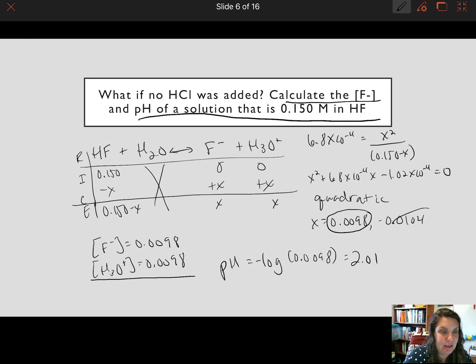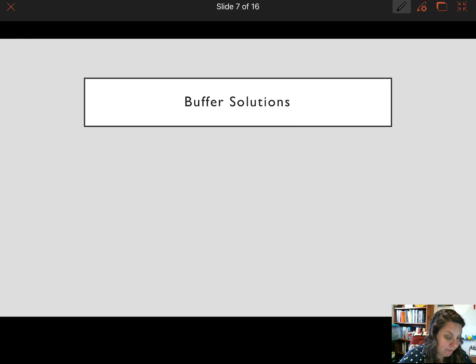Okay. Moving on, let's look at buffers. So buffers are a solution that contains a weak acid and its conjugate base, or a weak base and its conjugate acid.